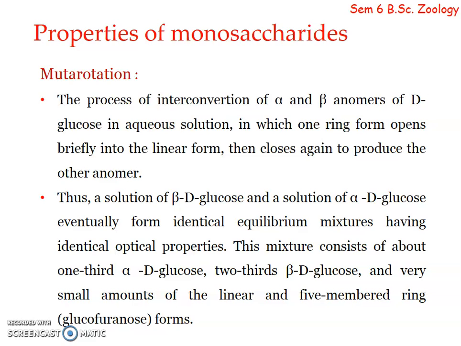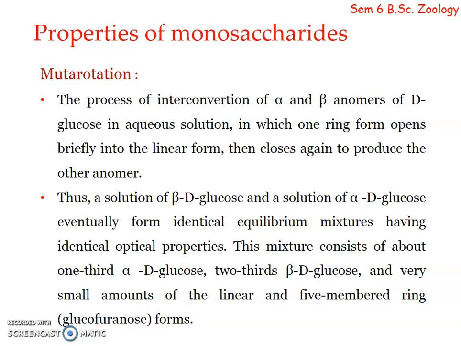It can exist in the linear or open chain form, and it can also exist in the alpha or beta cyclized ring form. So there can be alpha-D-glucose and beta-D-glucose coexisting with the open chain, but obviously the proportion, that is the amount, will be different.